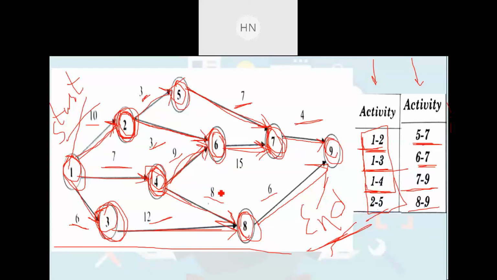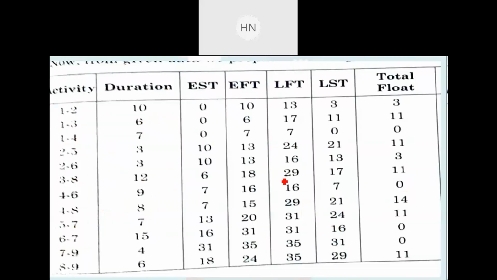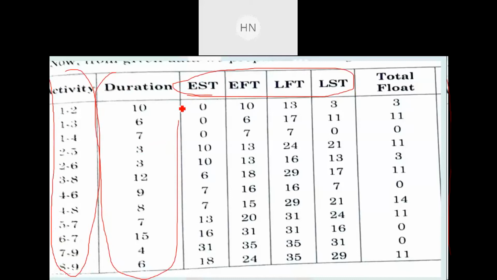Now after that, what we need to do is, after that you need to find out the starting time. These four time estimates you need to find out here. These first two columns, activity and duration, are already given to you in your data, right? These first two columns are given to you.